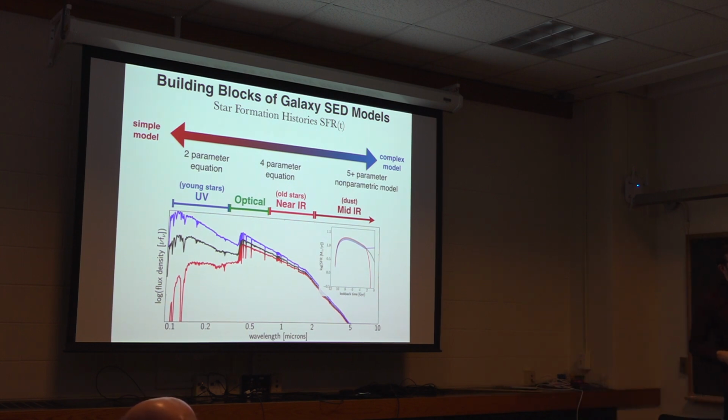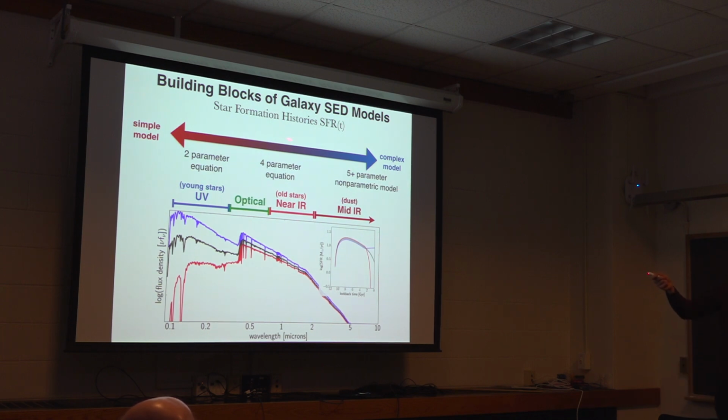We tend to model these things, in principle, this is star formation rate as a function of time. You could build an arbitrarily complex model for this, but when trying to extract information about this from the observations, people tend to fit simplified equations to this.